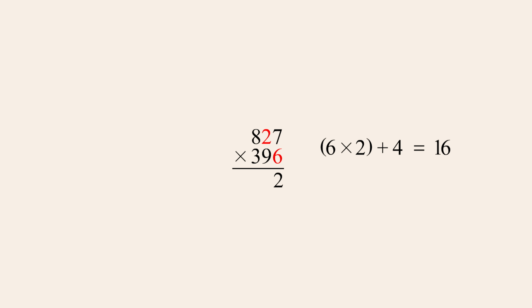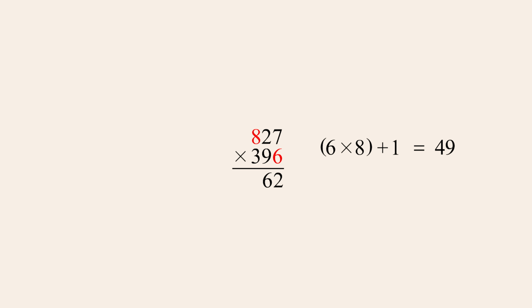We then bring the ones digit of 16 down below the middle column and write the tens digit above the next column to the left, becoming the carry digit for that column. Finally, we multiply 6 times the last digit to the left, 8. 6 times 8 plus the carry digit 1 is 49.